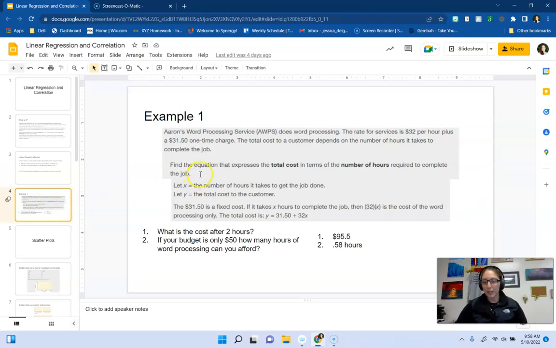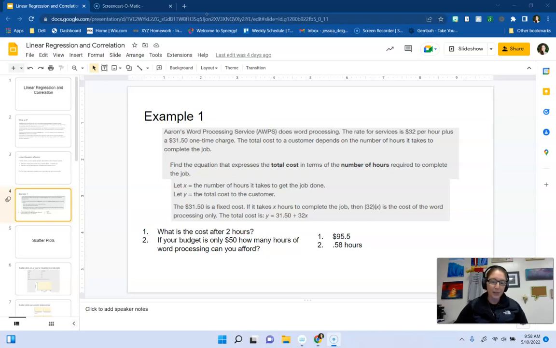All right, just a little example here for linear equations. Aaron's word processing service: the rate for word processing is $32 an hour plus $31.50 for a one-time charge. So no matter what you do, you're going to pay at least $31.50. The total cost to a customer depends on the hours it takes. We find the equation to express the total cost in terms of the number of hours to complete the job.